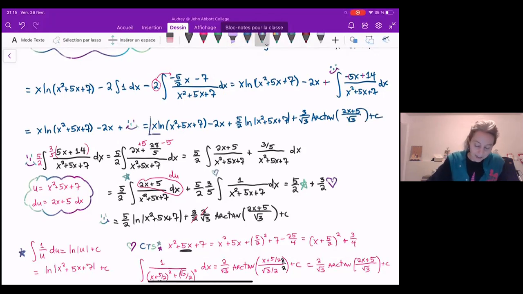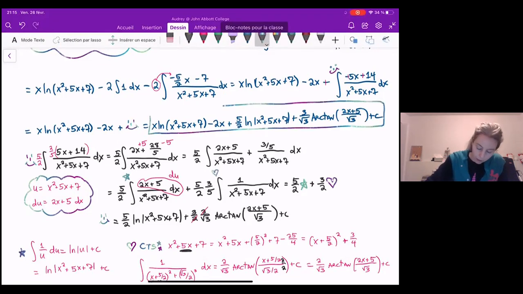And that, my friends, is our final answer. So, as kind of gross as this is and as ugly as those constants get, I actually really love these problems. Okay, so let's just briefly summarize what we did.